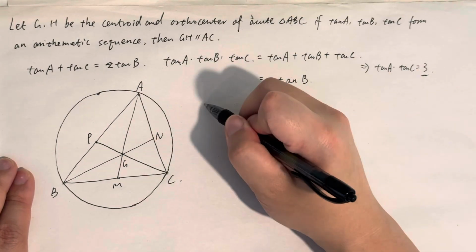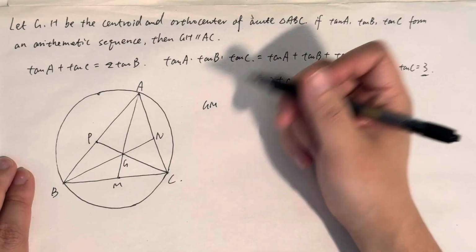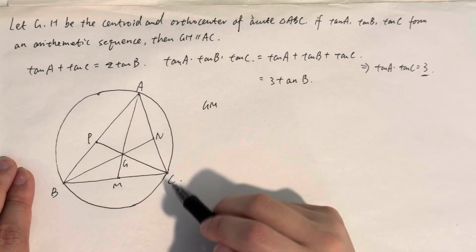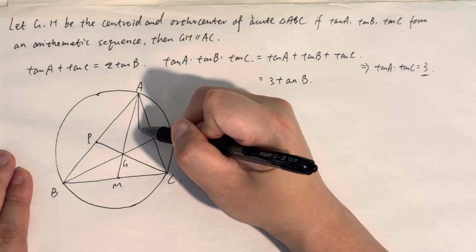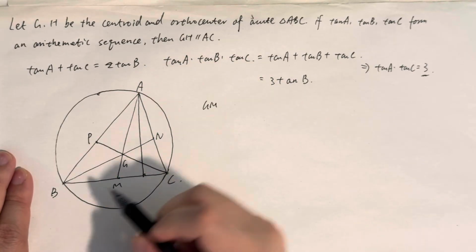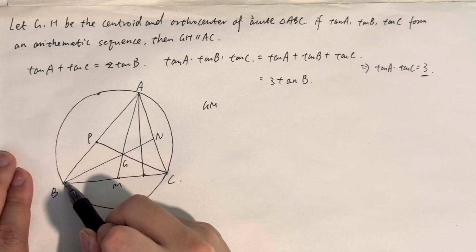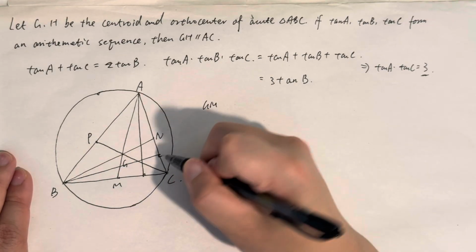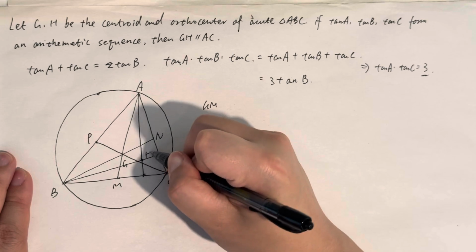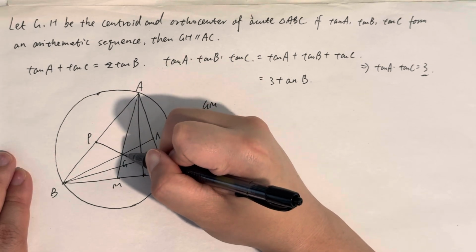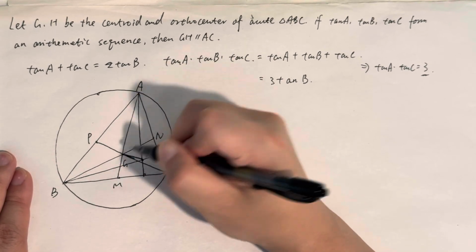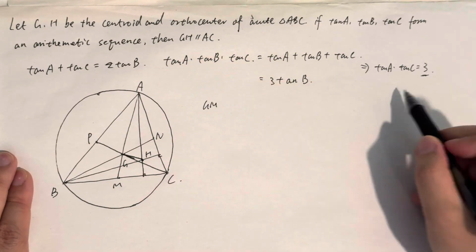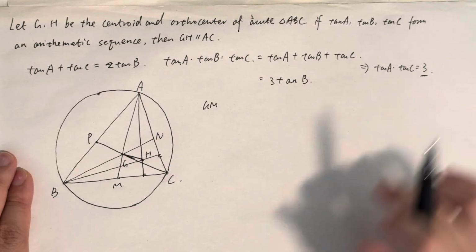We want to prove that GH is parallel with AC. So let me draw this, this is H, right? G is here. We want to prove that GH is parallel with AC, if this is valid.